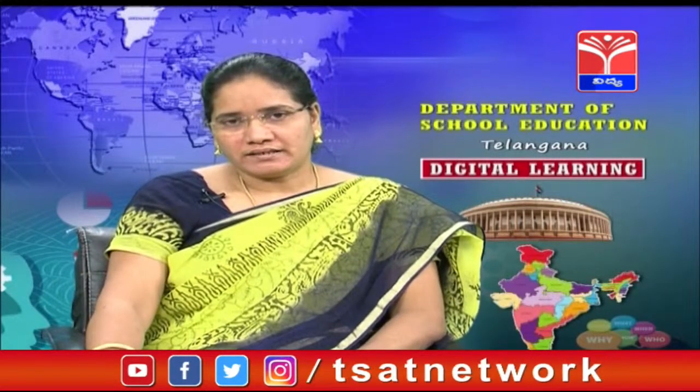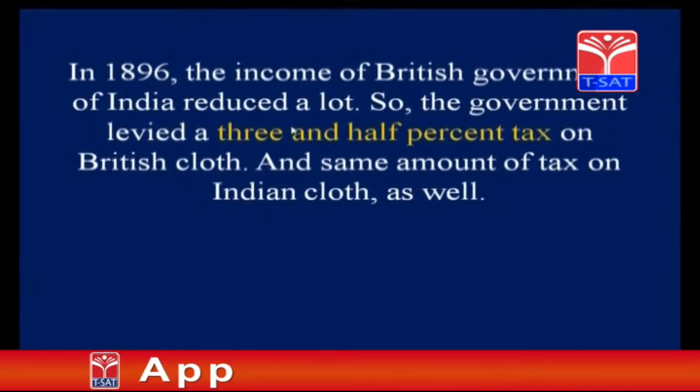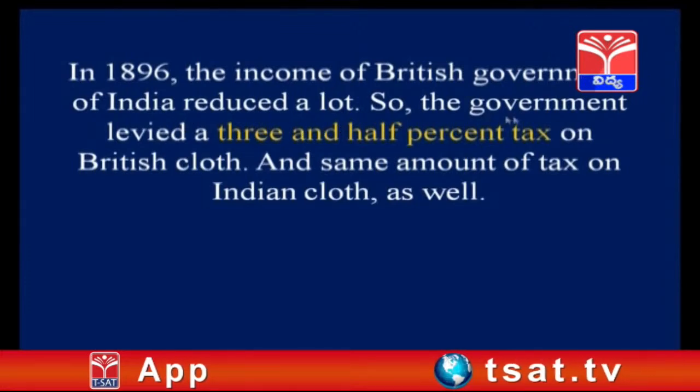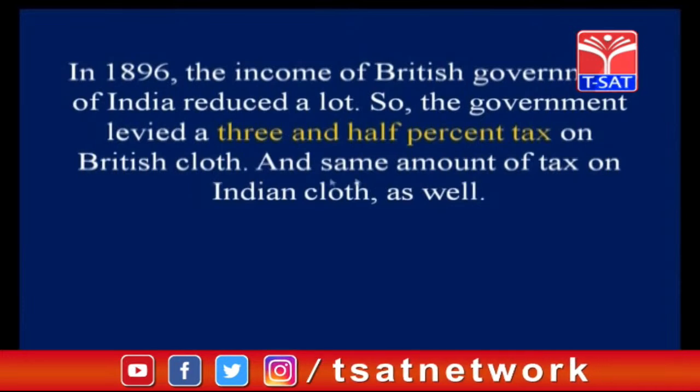Later, in 1896, the income of the British government of India reduced a lot. So, for that reason, the government levied a 3.5% tax on the British cloth as well as the same amount of tax on Indian cloth.